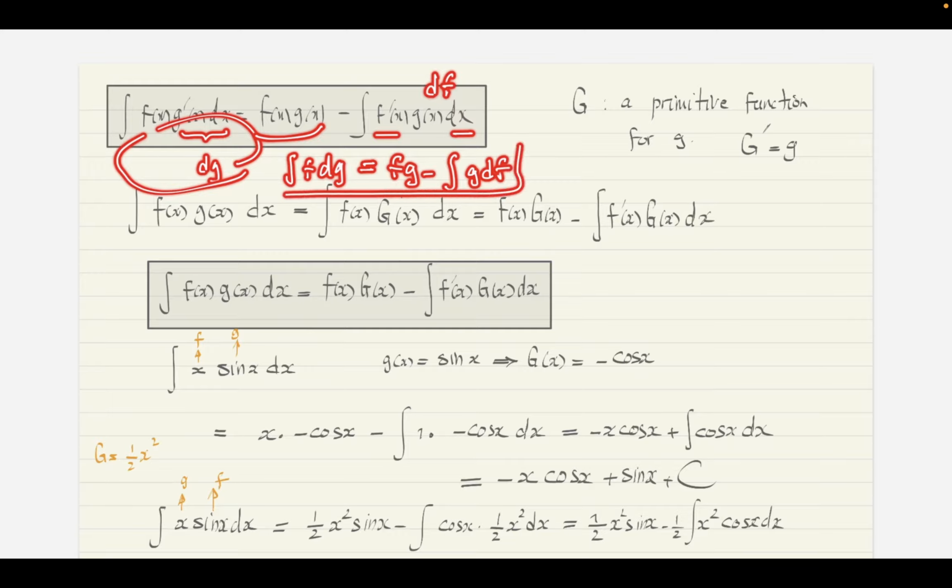So this is a very simple version of the integration by parts. But of course, instead of letters f and g, it is very common, if you look at calculus books, that instead of f we have u, and instead of g we have v, as I have written it in the lecture notes.